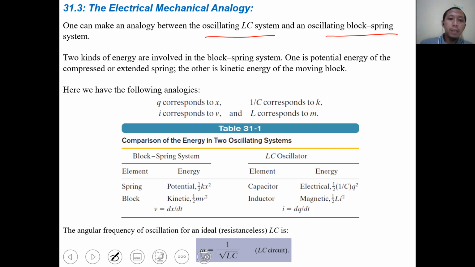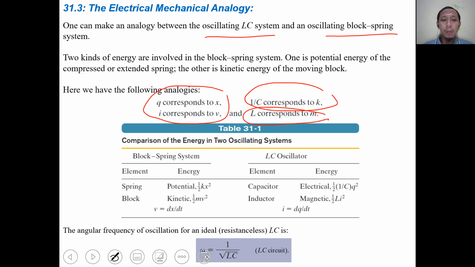So the q or the charge corresponds to x, and x means the distance, and then the I corresponds to v, the velocity, and then 1 over C corresponds to k, and then the L corresponds to m, the mass.